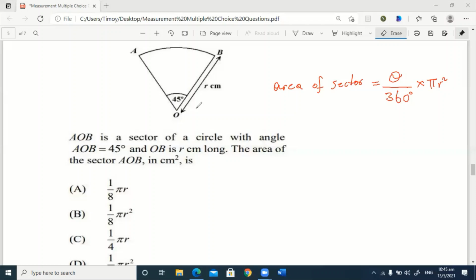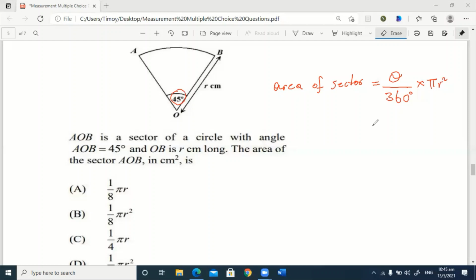Now, what do we know about this question? Do we know what theta is? Yes, theta is going to be 45 degrees. So all we need to do is substitute that value into our formula. Do we know what the radius is? Yes, the radius is given as r. So technically we have it already.